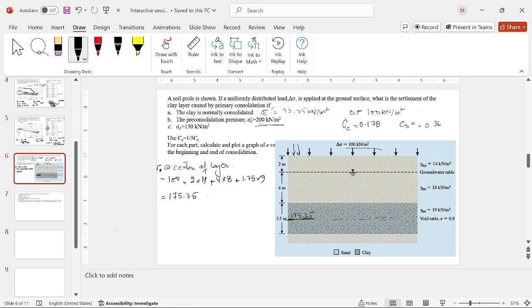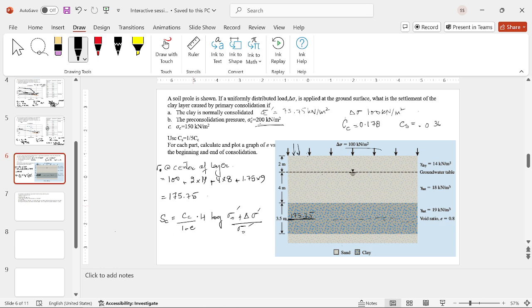Okay, so we know the primary consolidation is equivalent to Cc over 1 plus E times H log of sigma naught dash plus delta sigma dash over sigma naught dash.